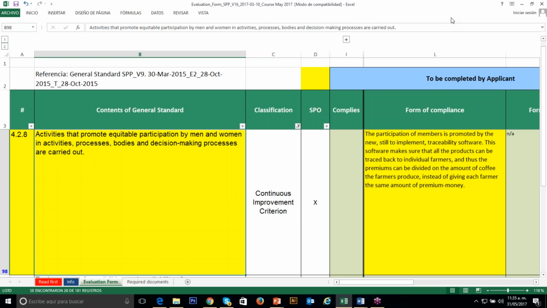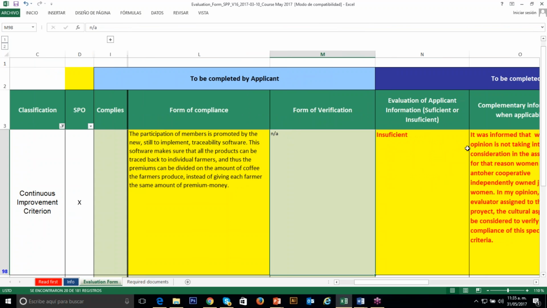Okay. In the form to be completed by the applicant, the compliance is not accomplished. What can we do? Can we make a suggestion if SPP Global perhaps in the next version made gender equality a particular question for all small producers?